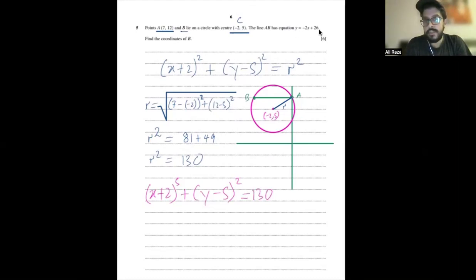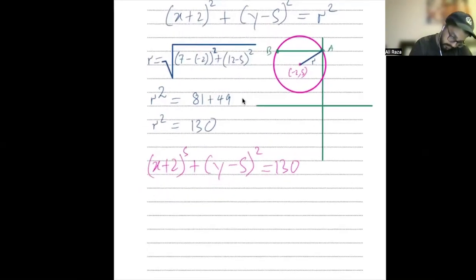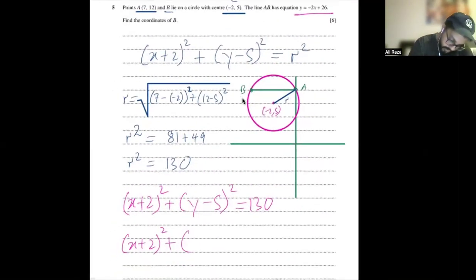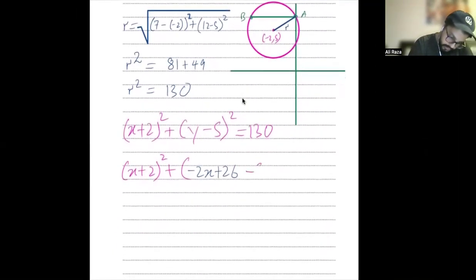And when I substitute this equation in place of y over here, I can find the 2 intersection points of the circle with this line, which would result in the coordinates for A and B. Minus 2x plus 26 minus 5 whole square is equal to 130.